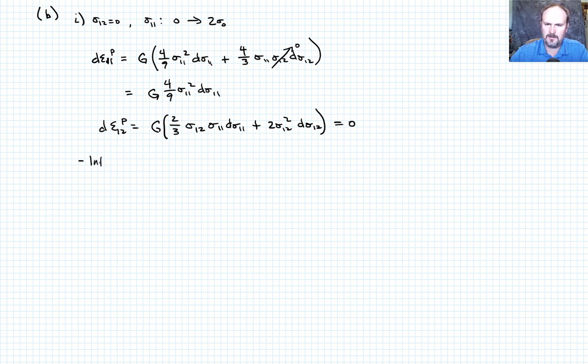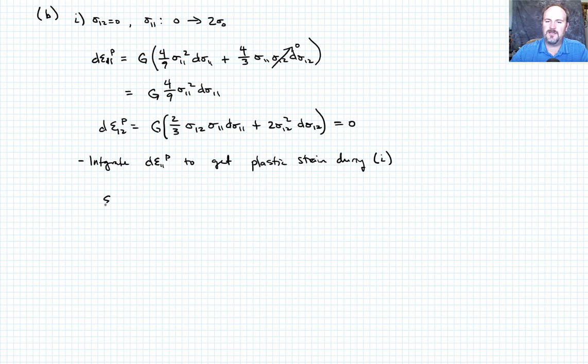So integrate d epsilon 1,1 P to get the plastic strain during substep 1.